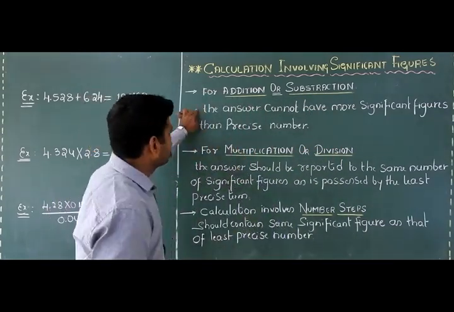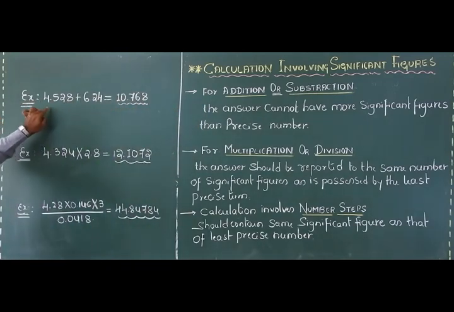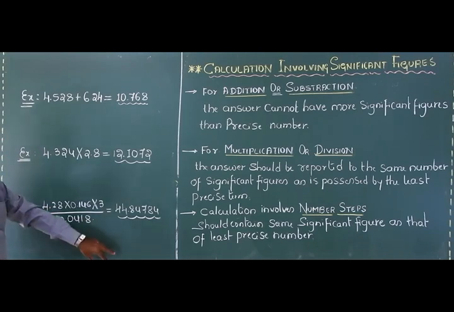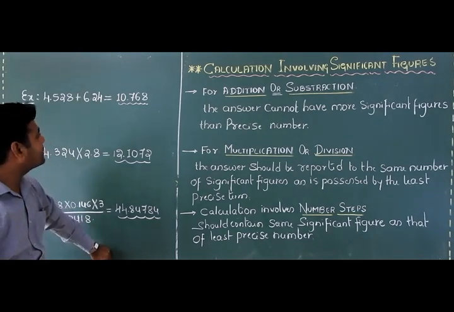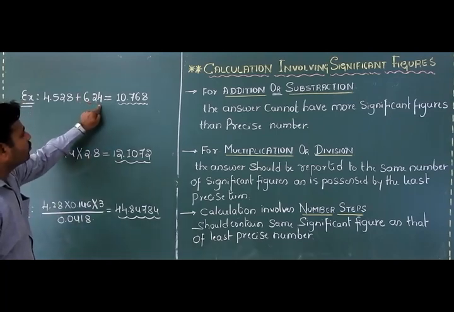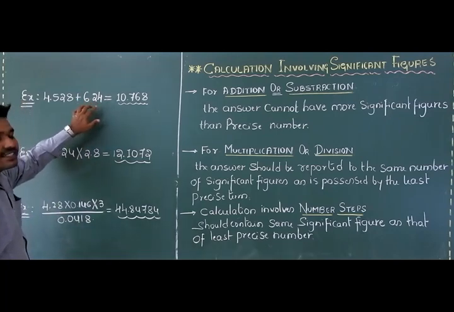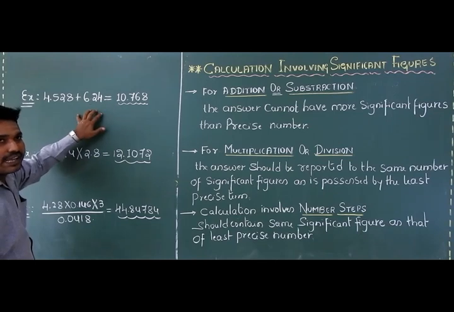Now for this first condition, the example is 4.528 plus 6.24, and out of these two numbers, which term contains the least decimal places here? 6.24. So this number contains the least number of decimal places.